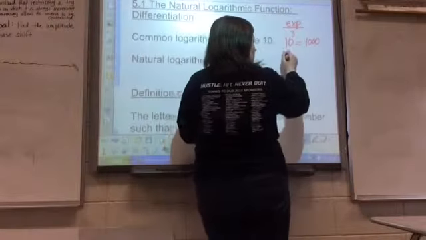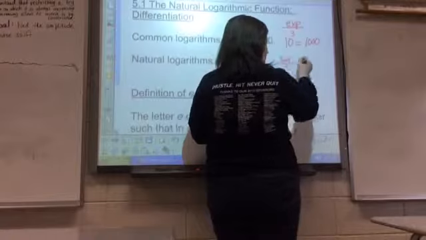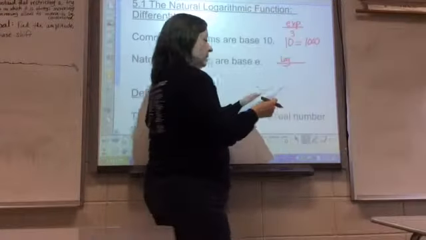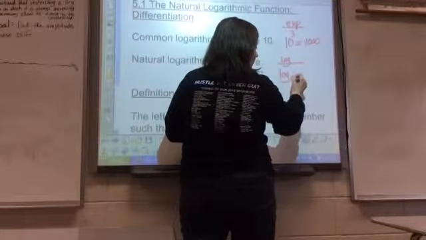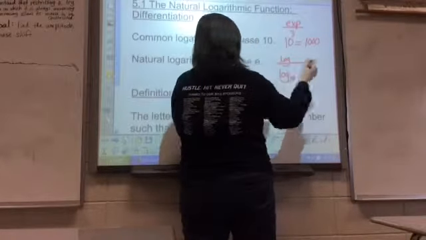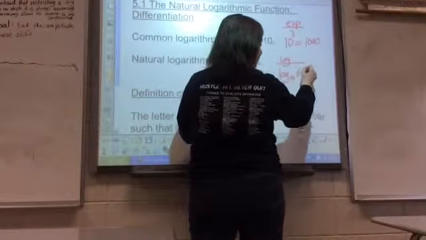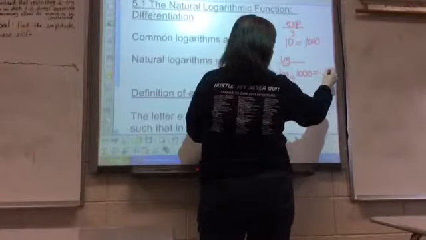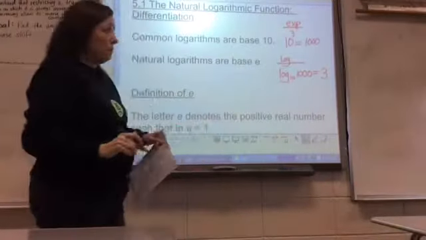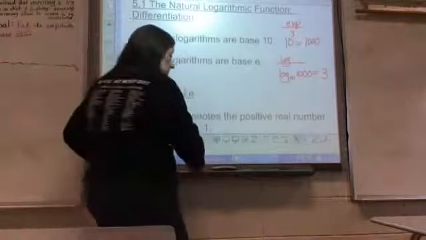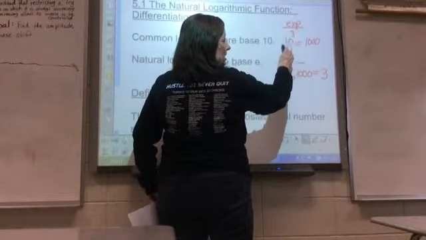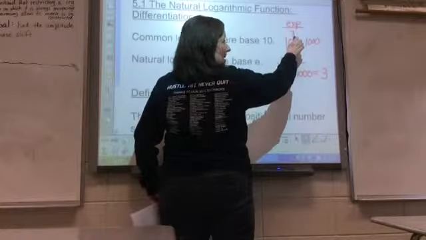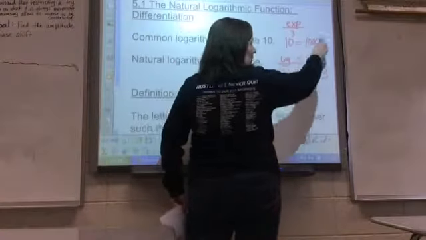The log statement for that same thing would be written log base 10 of 1,000 equals 3. On the exponential form, 10 is the base, 3 is the exponent, 1,000 is the power.